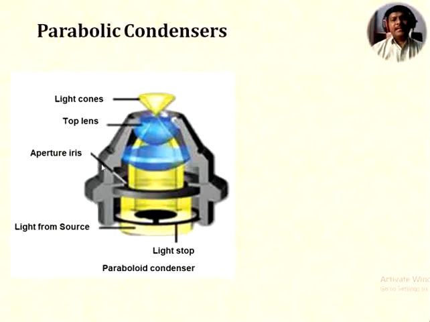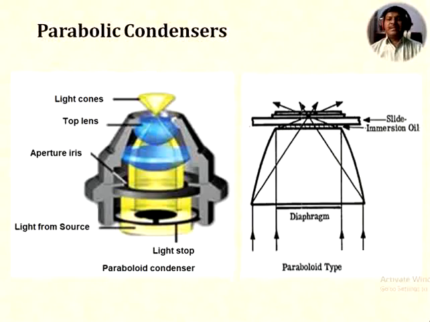Here the iris aperture is there, and here is the top lens, and at the end a cone of light is formed. So this is the diagrammatic representation of the parabolic condenser.